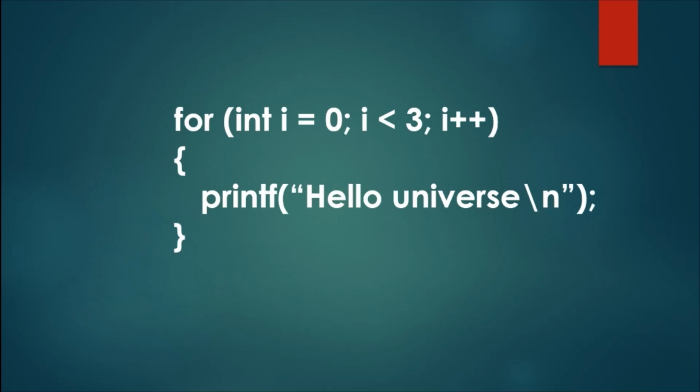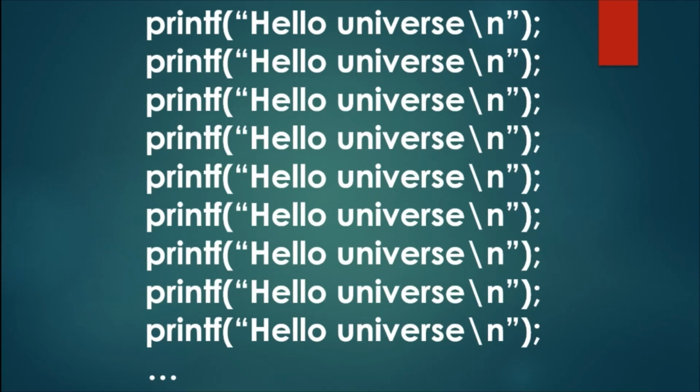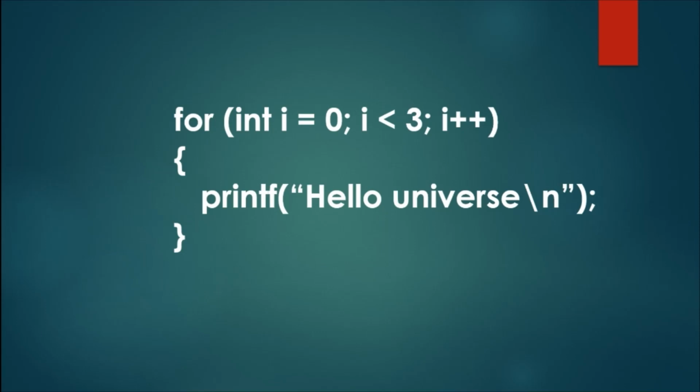Now, this isn't a huge deal with small programs like this, but what about if we wanted to print this 50 times instead of 3? If we were copying and pasting, you can imagine that this might not be the best idea, because we would have this huge program that has at least 50 lines of the same thing. And with our loop example, we change 1 number and we're done.